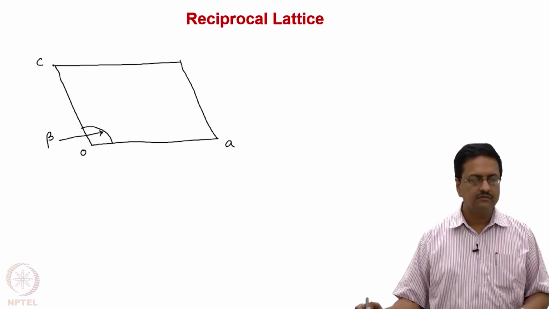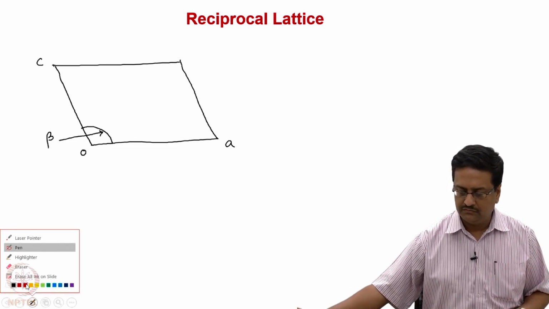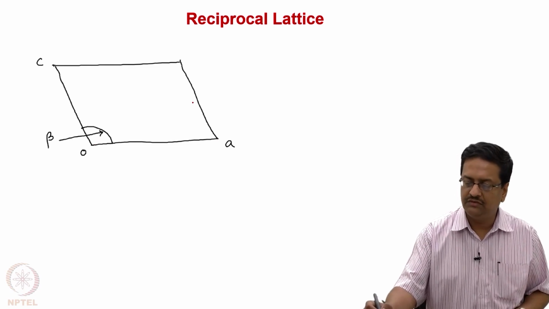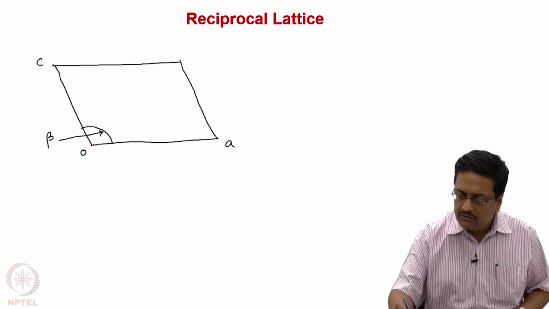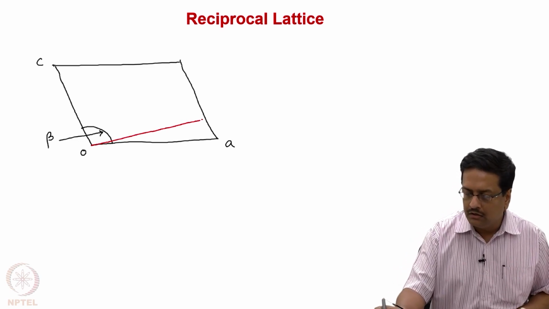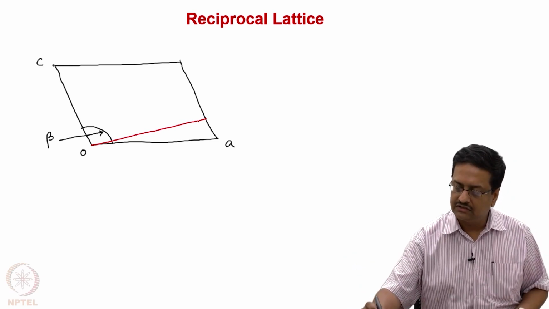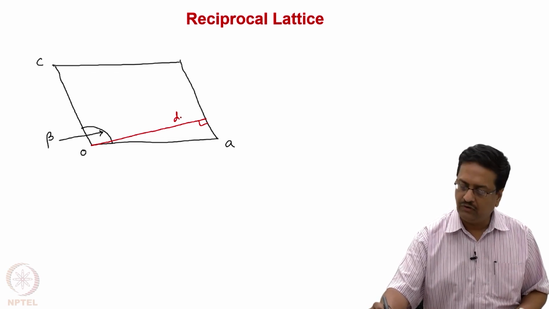Now if we drop a perpendicular from the origin to the plane which is parallel to C, this perpendicular will correspond to D100.